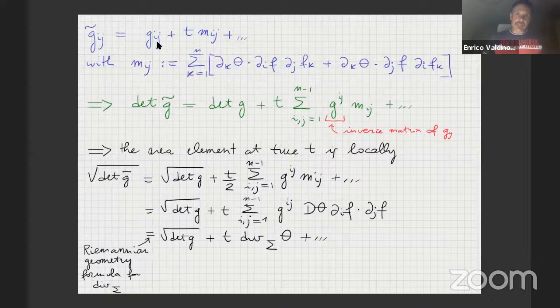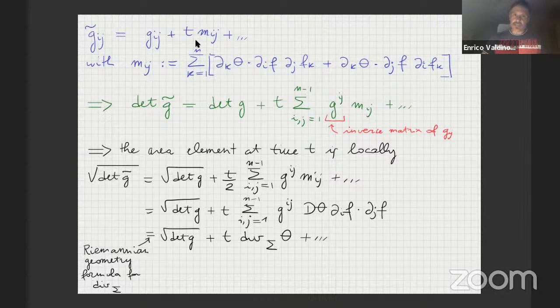I would take the matrix g as a common factor, so that the determinant of g tilde would be the determinant of g times the determinant of the identity plus t, the matrix that is given by the inverse of g times the matrix M. And then I take that determinant to be 1 plus the trace, and this is exactly what I wrote here.